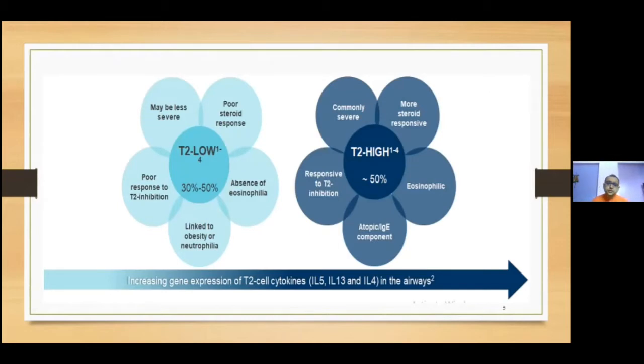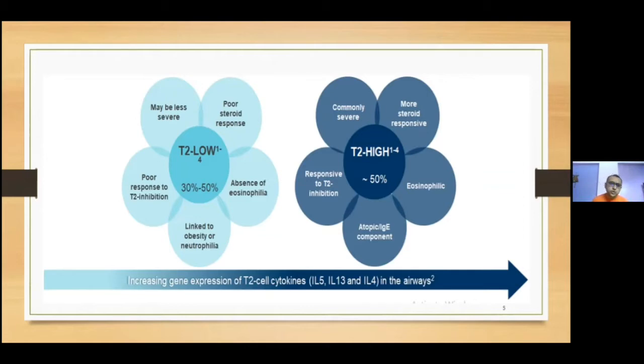Generally T2 high asthma commonly presents as a severe type of asthma. They are more steroid responsive, they are eosinophilic in nature. There is a specific atopic component, that is an Ig mediated component, and generally responsive to T2 inhibition.